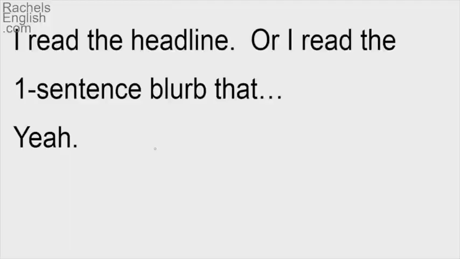"I read the headline." Okay, what are the two most stressed syllables there? "I read the headline." So the words that are usually the ones that are stressed in a sentence are the nouns, verbs, adjectives, and adverbs. And they don't always have equal stress, but those are the content words, that are usually the ones that are these longer, more clear words.